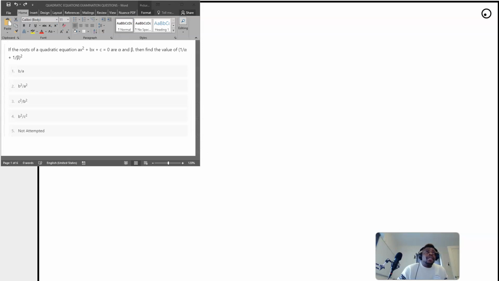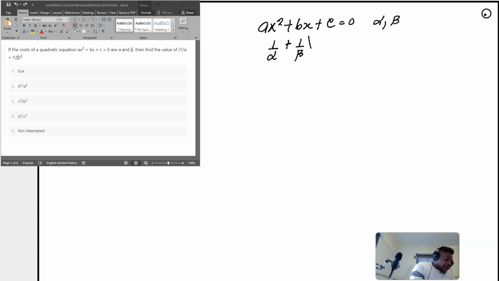Now in this question, if the roots of a quadratic equation ax squared plus bx plus c equals 0 are alpha and beta, we're asked to find the value of 1 over alpha plus 1 over beta, all squared.